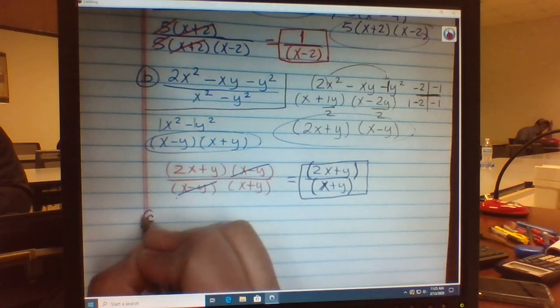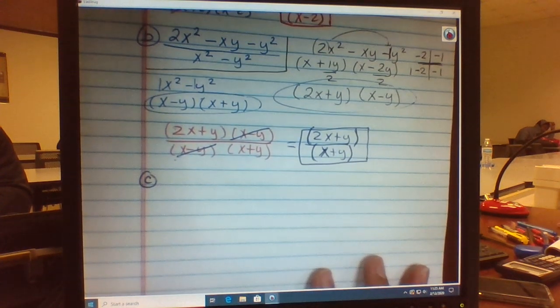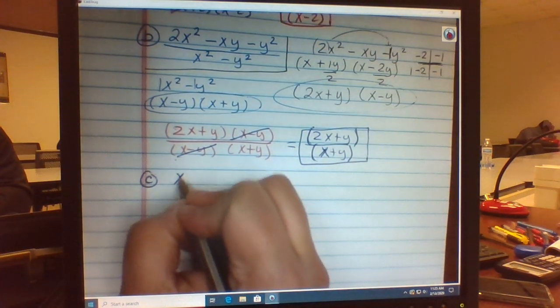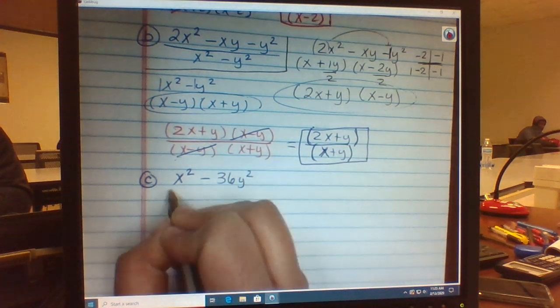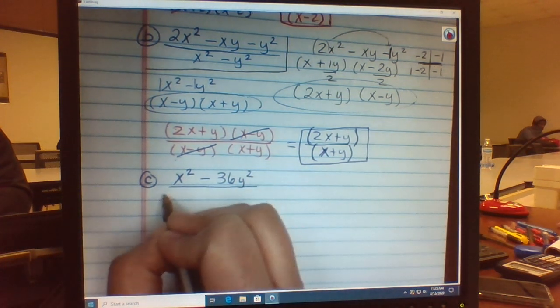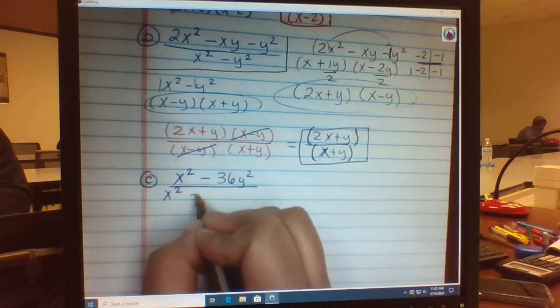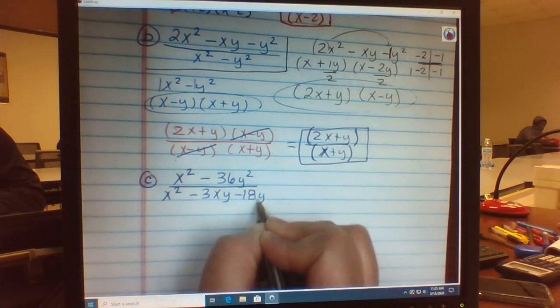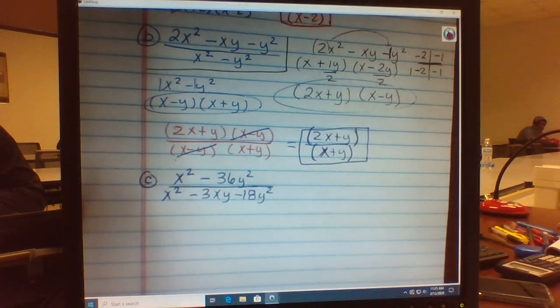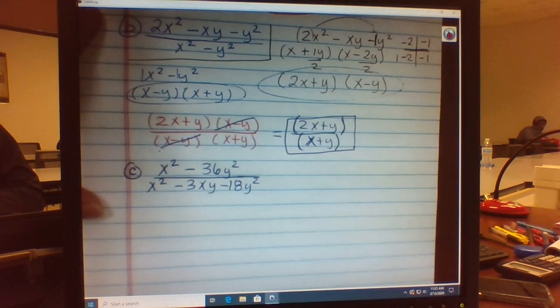How about you try this one and see how far you can get. x squared minus 36y squared over x squared minus 3xy minus 18y squared. It's the same type of problem as B, just flipped around.